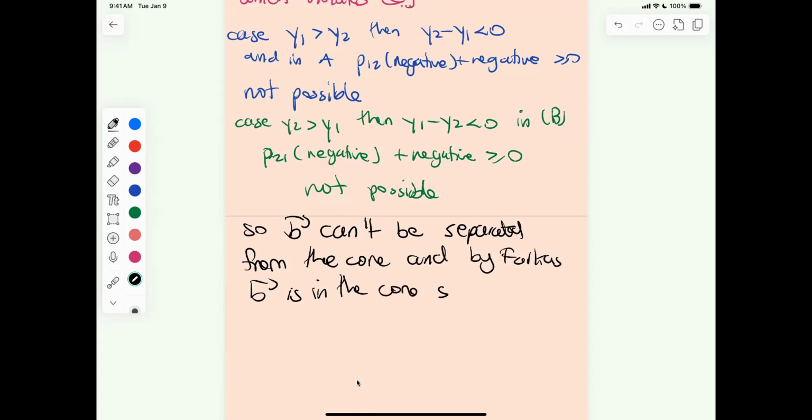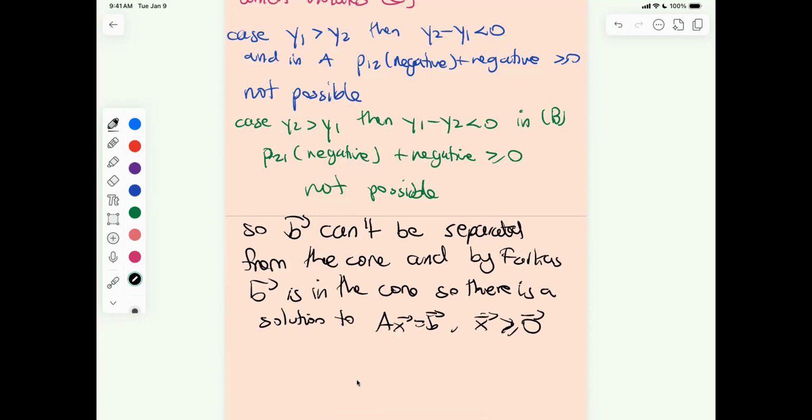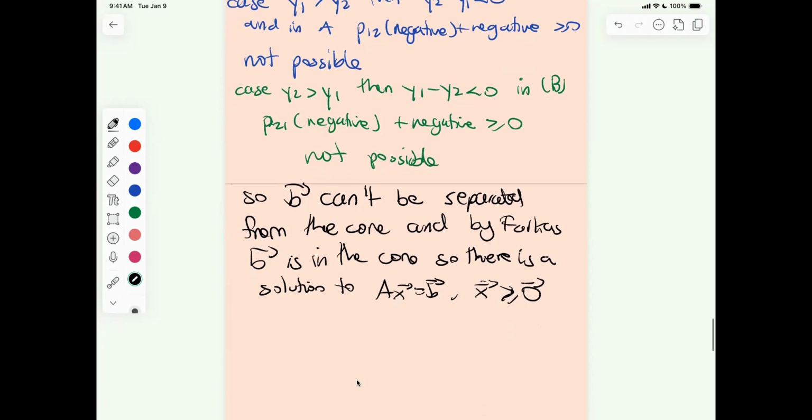So there's a solution, which means there's this eigenvector. So a steady state exists.